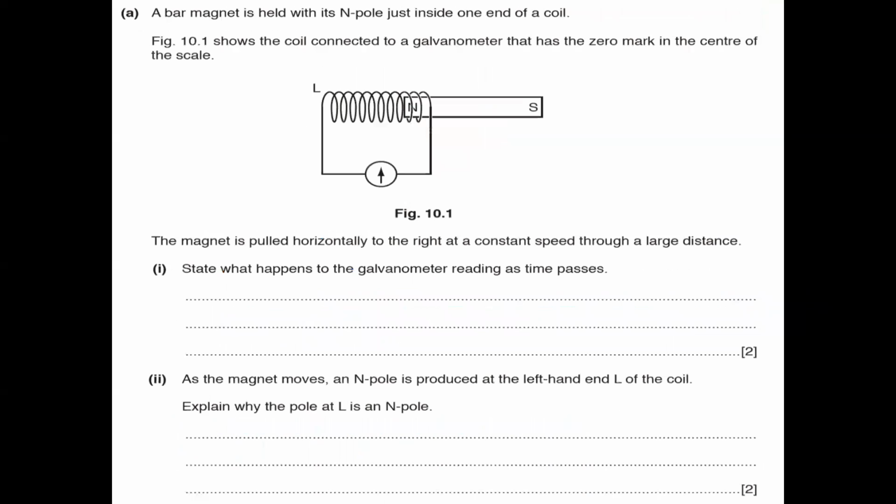A bar magnet is held with a north pole inside one end. Figure 10.1 shows a coil connected to a galvanometer that has a 0 mark in the center. The magnet is pulled horizontally towards the right, so we take out the magnet away.